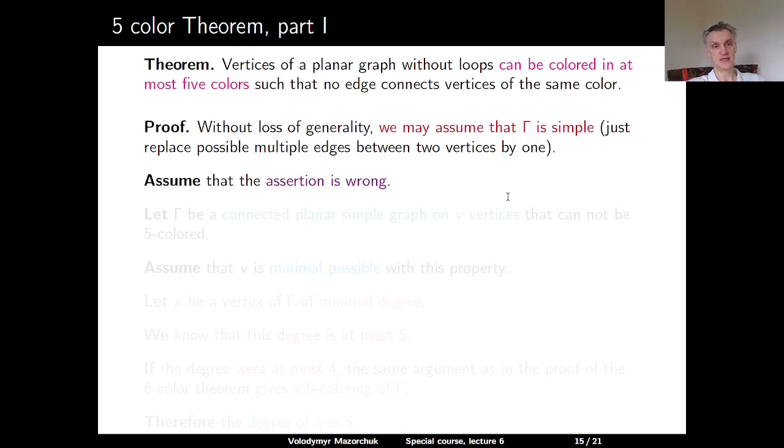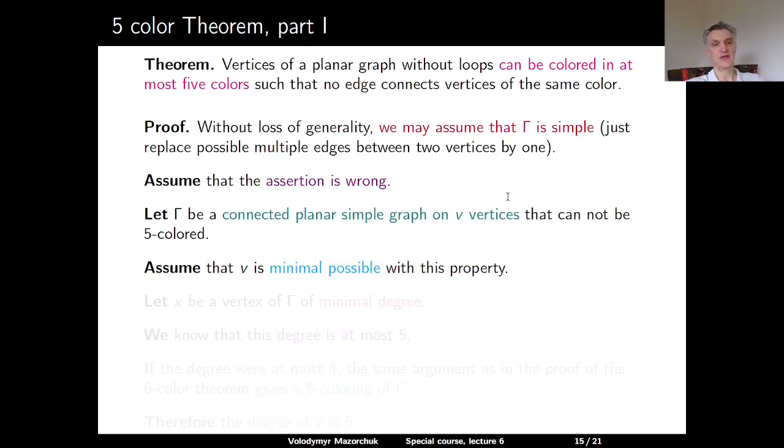Let us assume that the assertion is wrong. Let gamma be a connected planar simple graph on V vertices that cannot be 5-colored. And we can assume that V is a minimal possible number with this property. So if we delete one vertex, we can always 5-color the outcome.